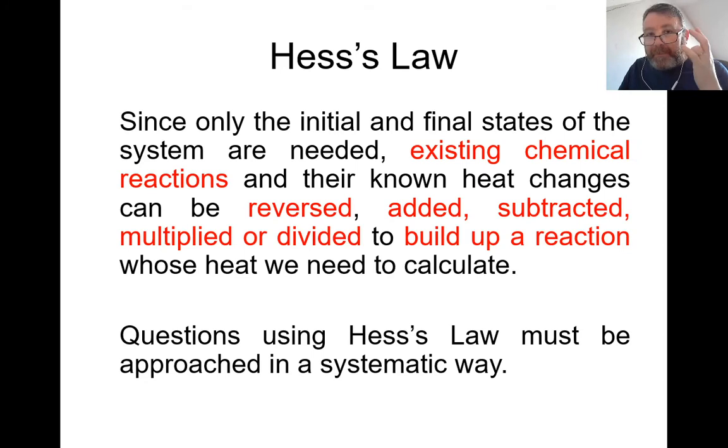Number three, make sure that the positions of all the particular reactants and products are in the correct place. Number four, check the quantities of the reactants and the products and make sure that they're correct. And number five, eliminate what is not required in my final equation. And then what you should have left is enough information from the existing pieces of chemical equations that are there to build your new equation.